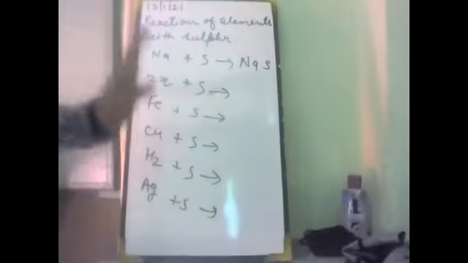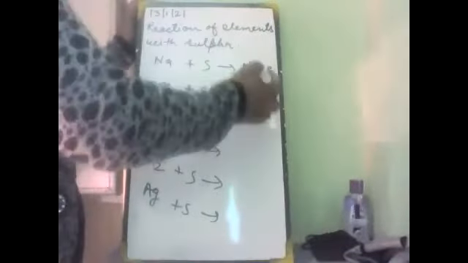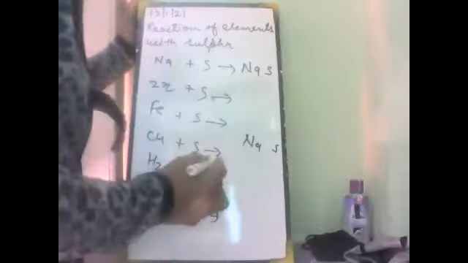We have studied how to write formulas in the previous chapter. Do you know this? Look here. We have to know how to write formulas. If you do not know this, then you are writing the wrong formula. We are writing sodium sulfide, Na and sulfur.